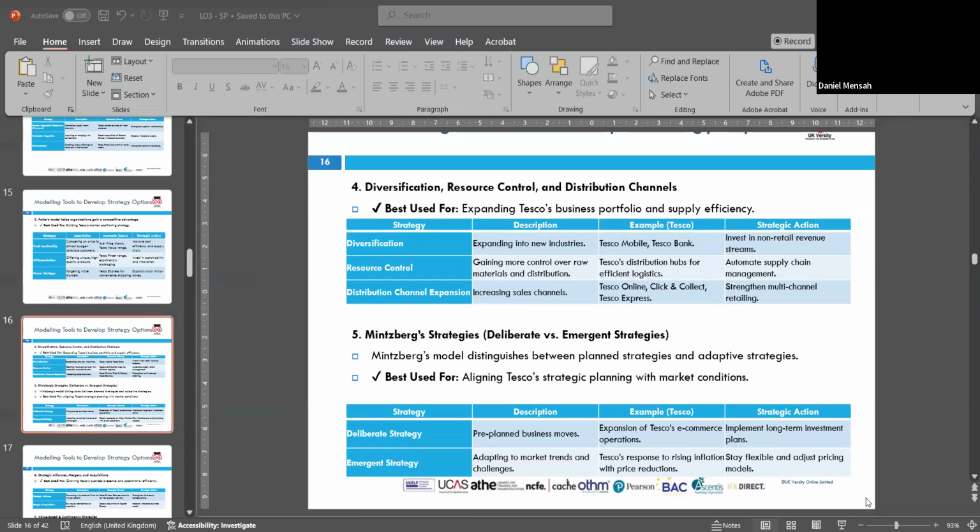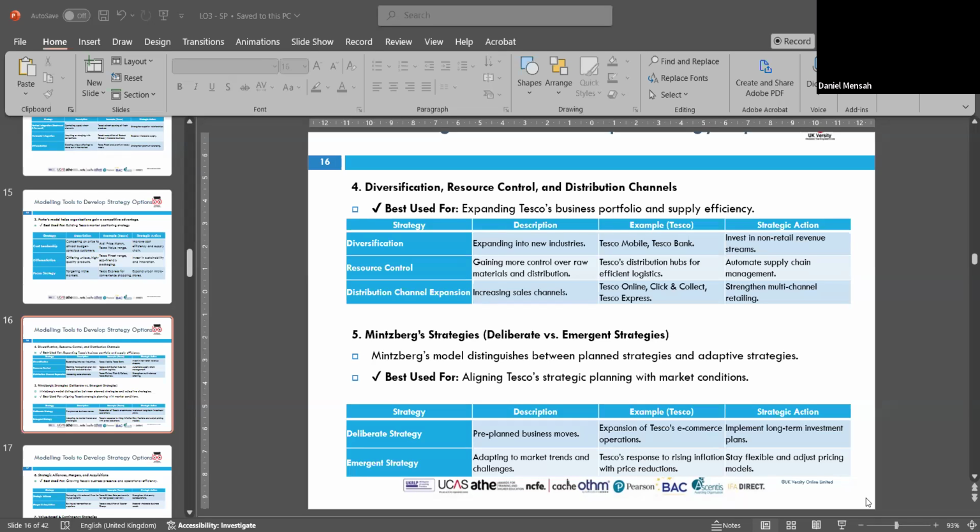Deliberate strategies are planned and intentional strategies that an organization sets from the beginning. They are often based on clear objective analysis and structured planning, and are aligned with and derived from your mission and vision statement.